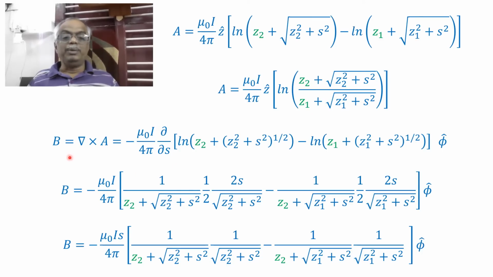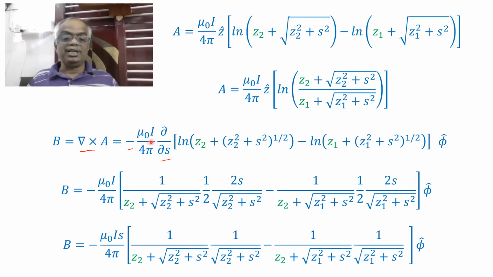Now the magnetic field is equal to the curl of the vector potential A. In cylindrical coordinates, because we are taking a straight wire, the Amperian loop is cylindrical in shape. The curl is equal to minus the partial derivative of the vector potential A with respect to s, phi hat.